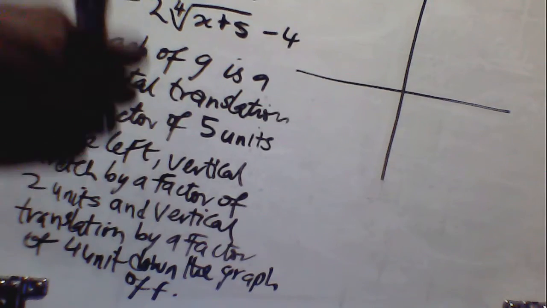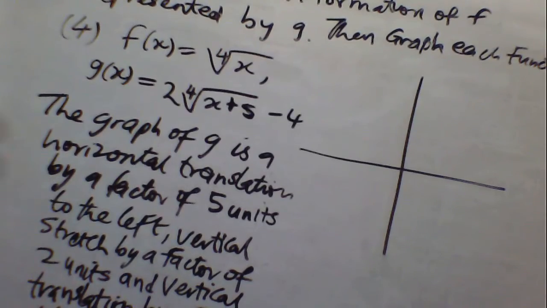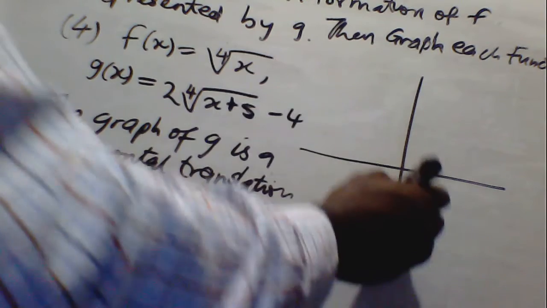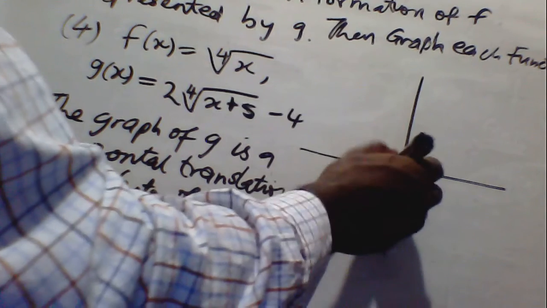So from here we plot it. Here is minus 4, here is 0.